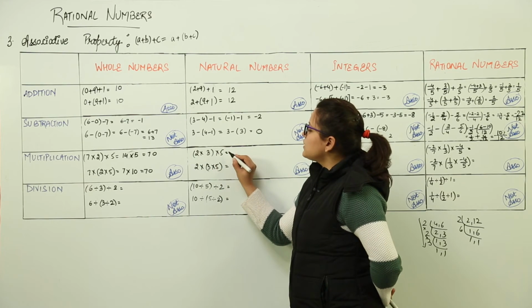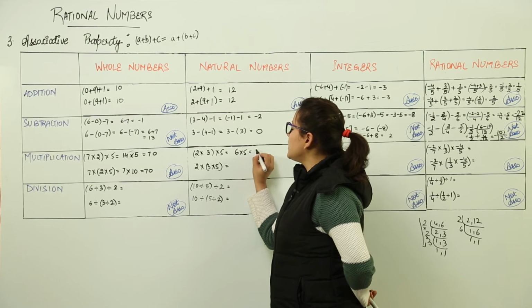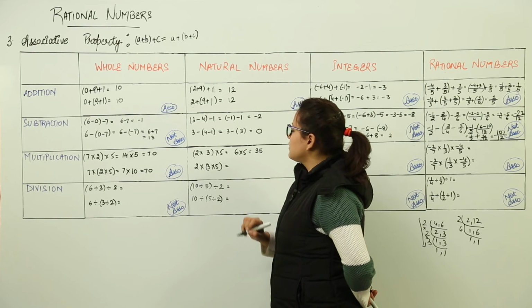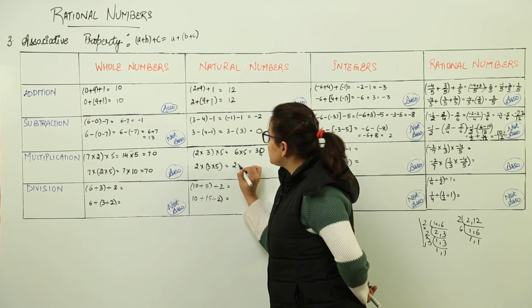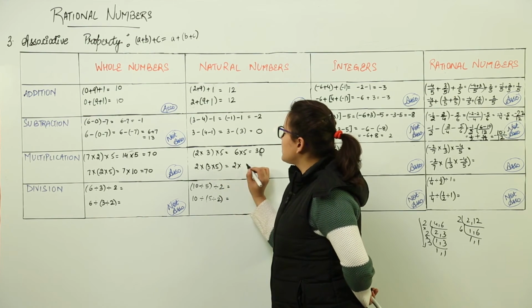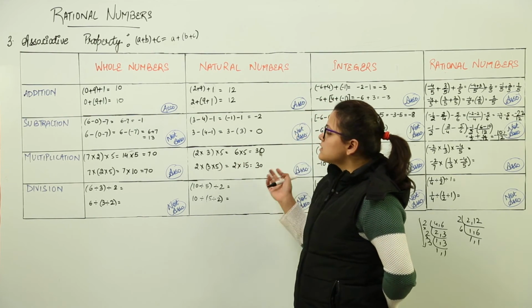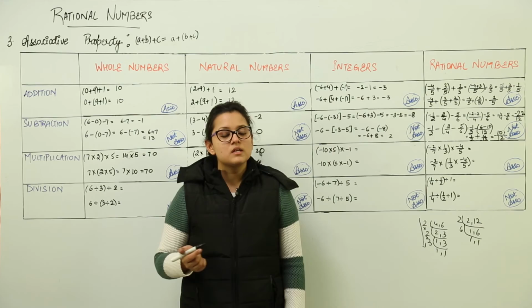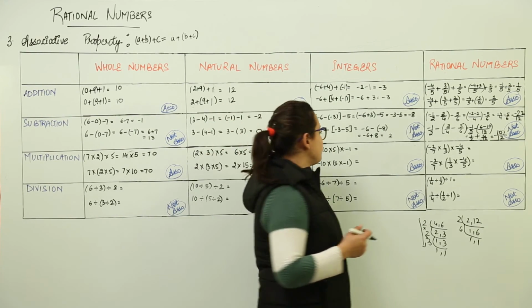What is 2 into 3? 6, and you multiply this with 5, you get 30. What do you get when you multiply 2 with 3 5s are 15? It is again 30. So we can check our answers are coming out to be equal in this case. That means these properties are associative, right?